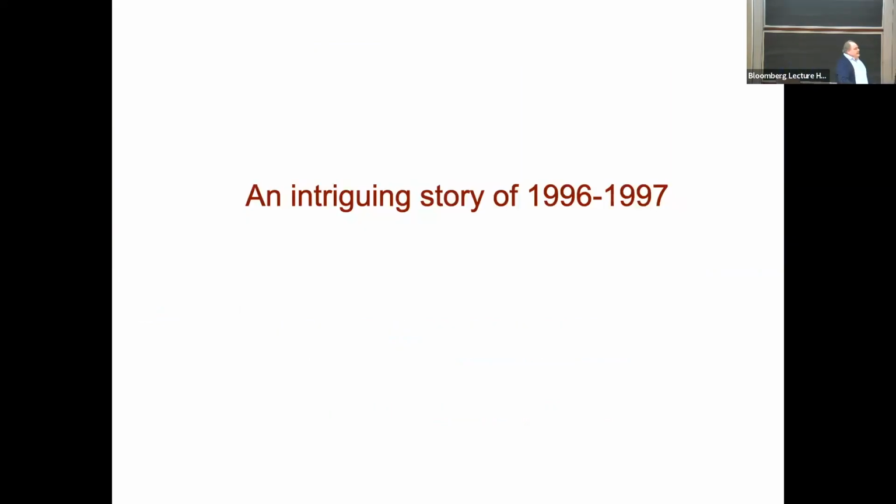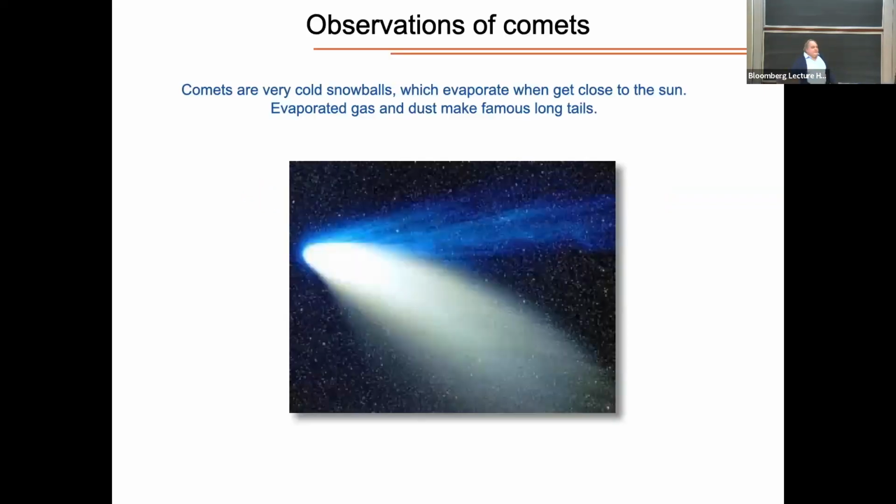Now I'm going to go back 25 years. And I want to suggest you go back 25 years, at least mentally. We don't have time machines yet. And think about observations of comets. Here's a typical comet. And what's a comet?